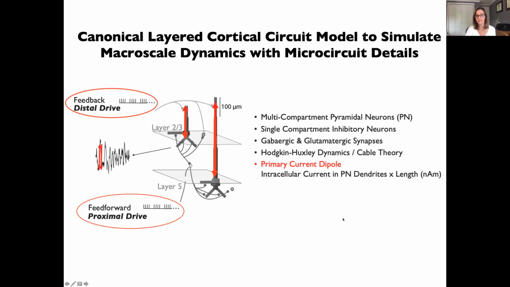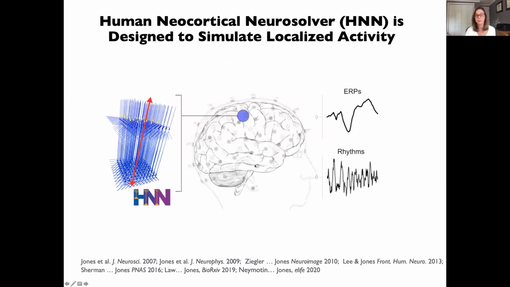Now, this is a reduced representation of the network in HNN. The full network contains a scalable number of neurons, and it represents a patch of cortex from a localized brain area.